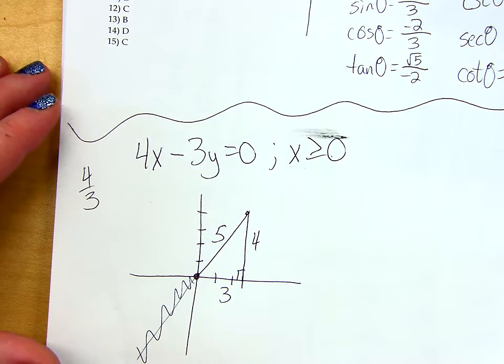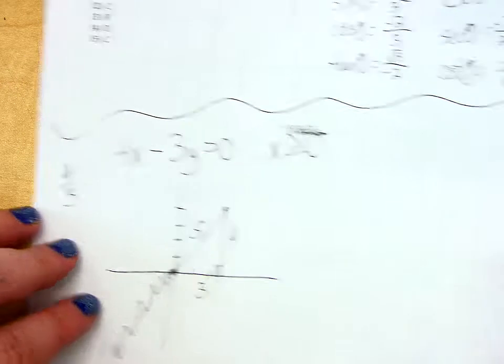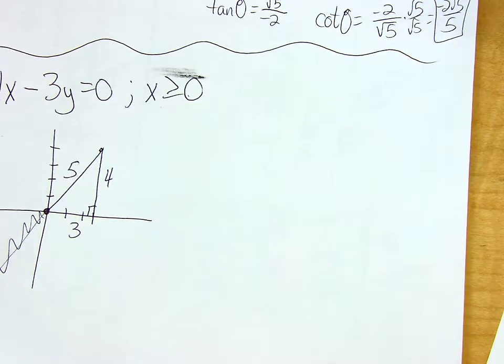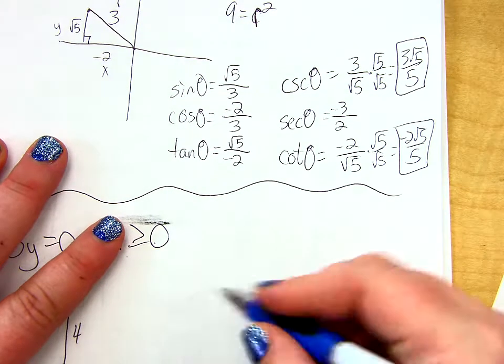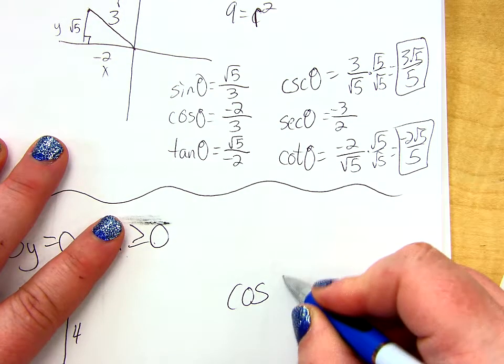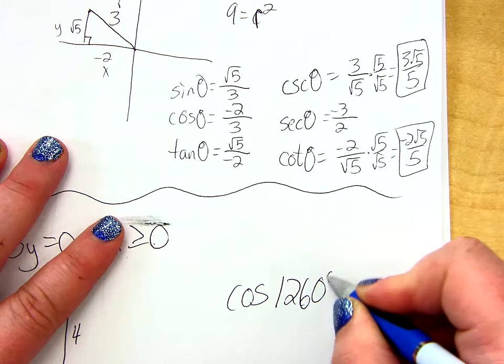The last type of question is what we need to practice more of right now. So, I just did one example earlier in the class. Say I wanted the cosine of 1,260.